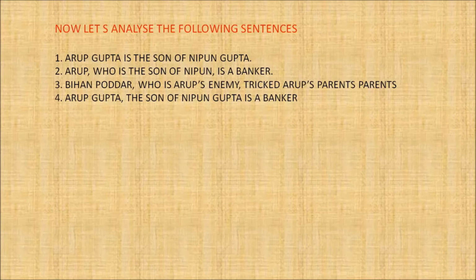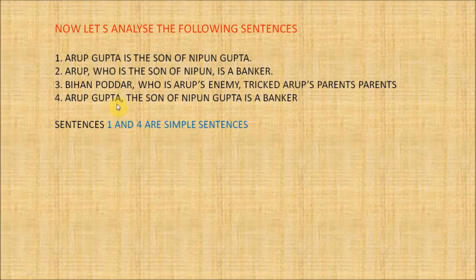Now, let's see how many verbs there are in each of the sentences. In sentence 1, there is only one verb, that is "is". And in sentence 2, there are two verbs, that is "is" and here also "is". In sentence 3, we have two verbs, that is "is" and "tricked".